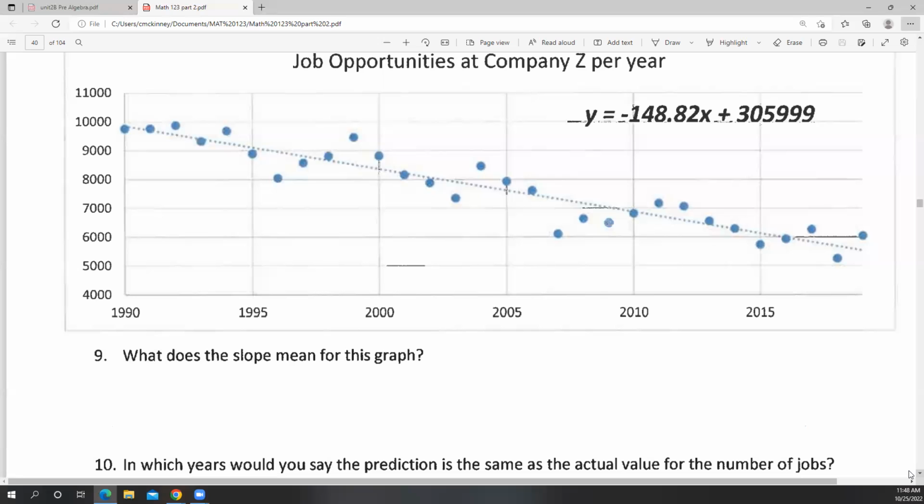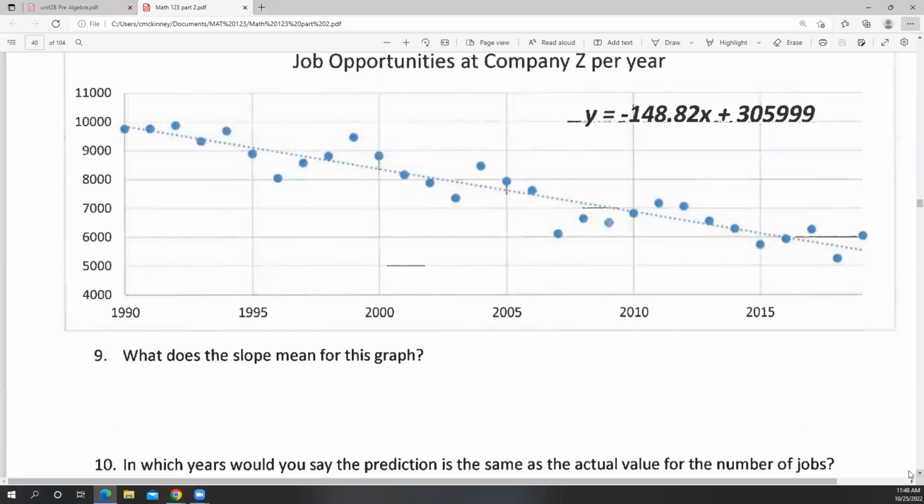Or, if you want to say, the job opportunities at company Z are decreasing by 148.82 per year. I think we can take some liberties and say about 149, but you can use that exact number. We would want to just say they're decreasing by this and not say per year, because then we don't know, like, from 1990 to 2015.